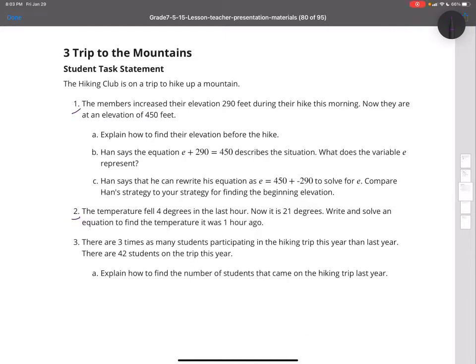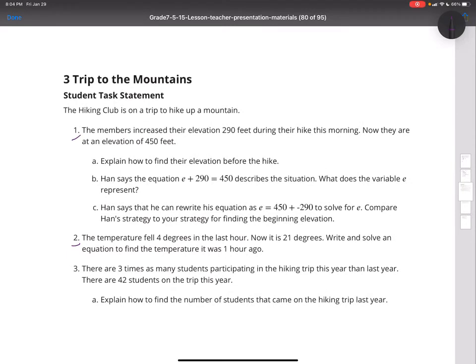What does the variable E represent? C. Hans says that he can rewrite his equation as E equals 450 plus negative 290 to solve for E. Compare Hans' strategy to solve to your strategy for finding the beginning elevation.